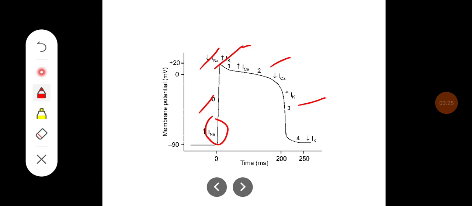And phase 2, the plateau phase, occurs mainly because of the influx of calcium and outflux of potassium, where membrane potential remains at the plateau for some period. Then the potassium efflux continues, so that is going to lead to rapid repolarization again, and phase 4 is mainly because of the delayed closure of potassium ions.